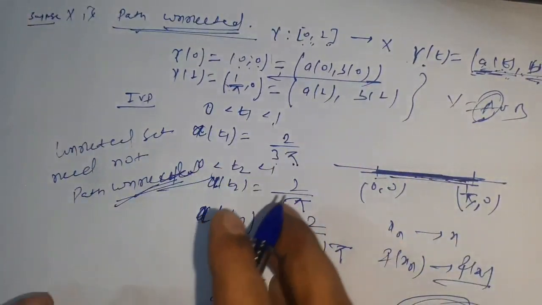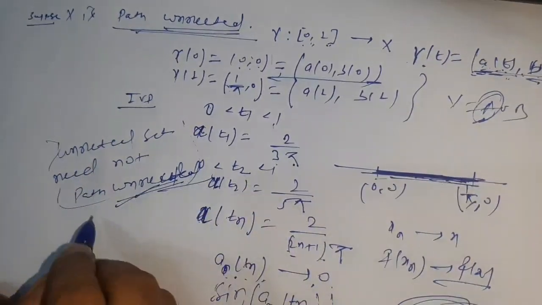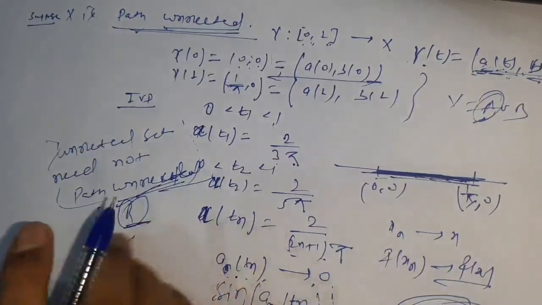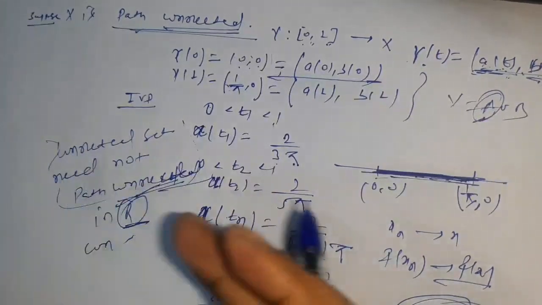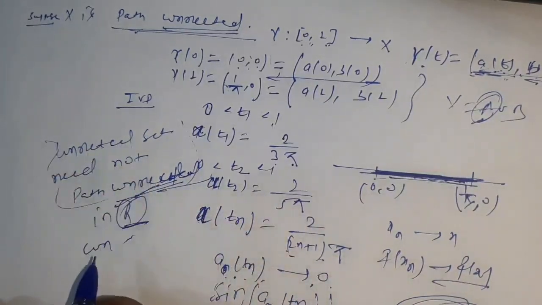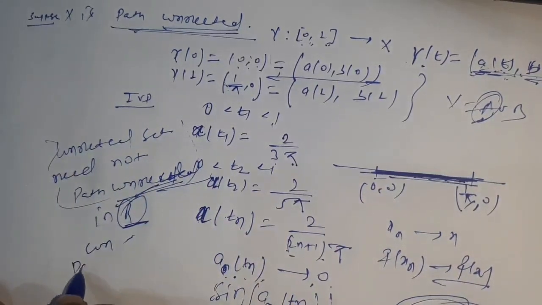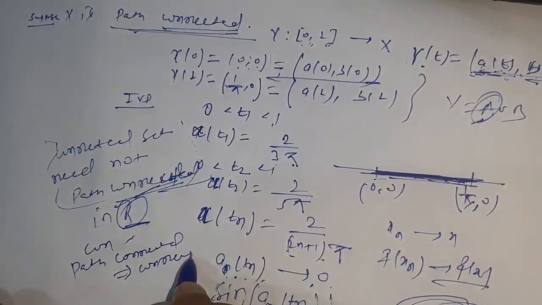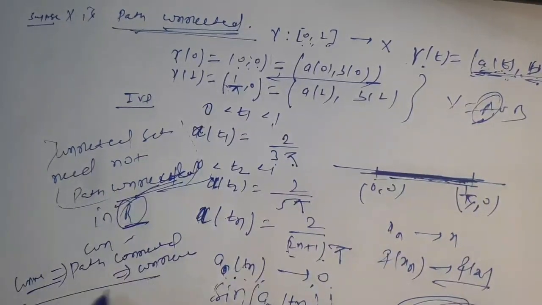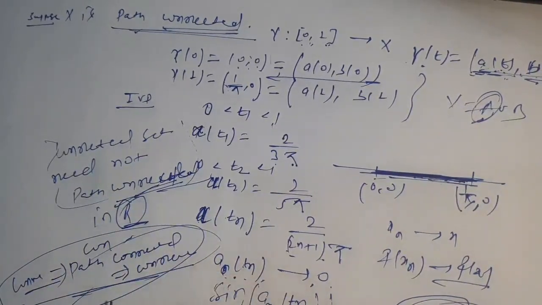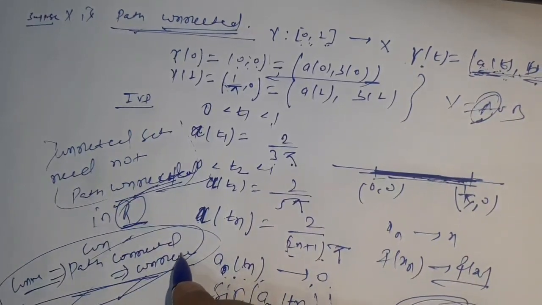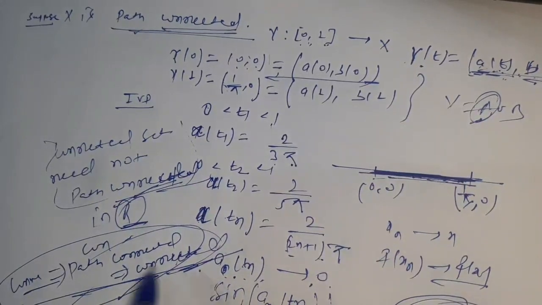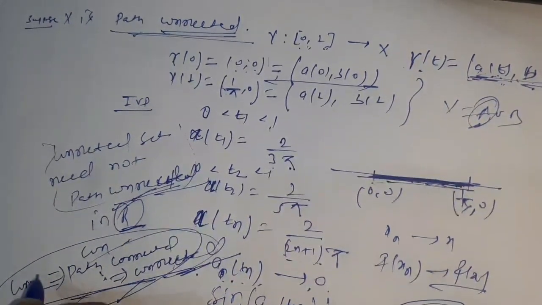In R, the real line, connected implies path connected, but in general in R2 and R3 it is not true. This is an example, but the converse we know, I have also told: path connected implies connected, and convex implies path connected. This is the result. You can use this result to solve many questions, also by contrapositive: if not connected, then not path connected, then not convex.